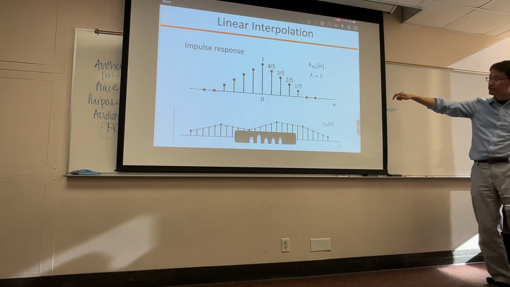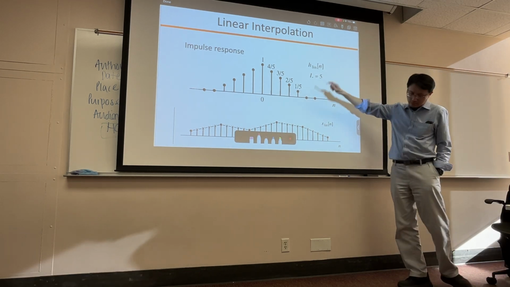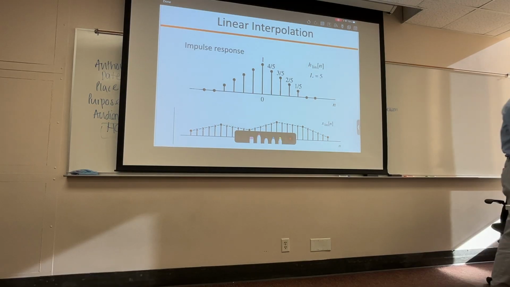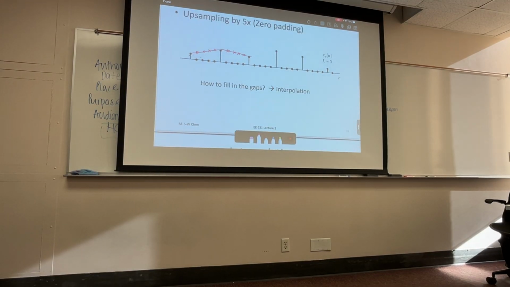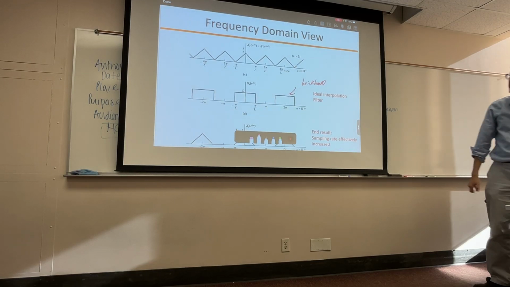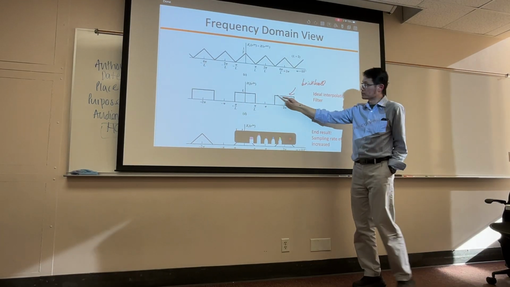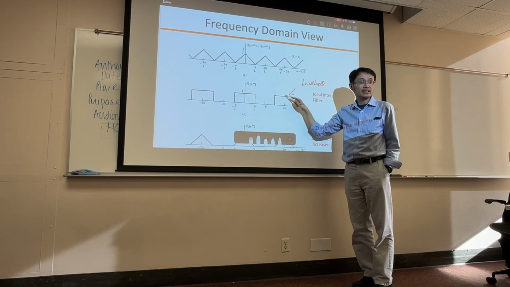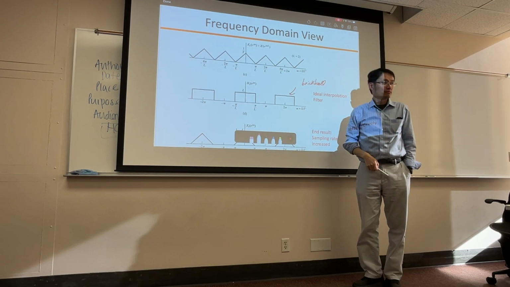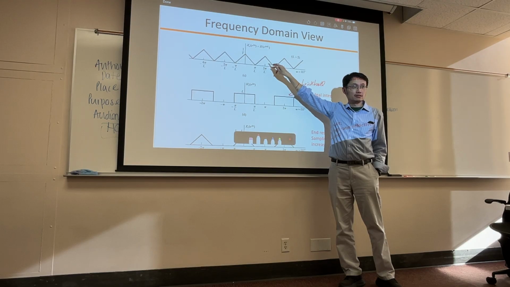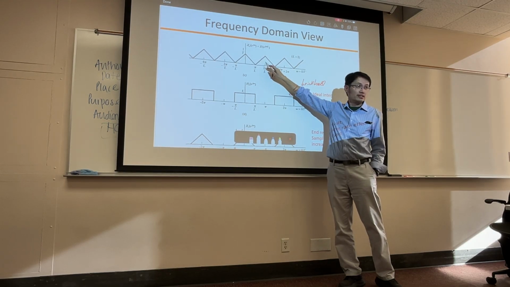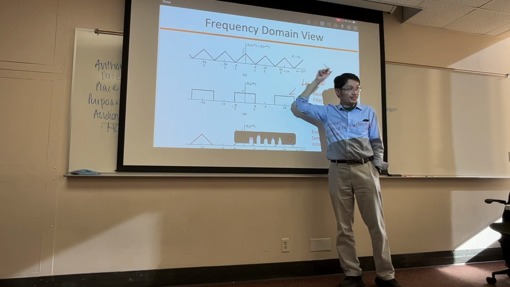Like I said, if you take this impulse response and do the DTFT, you get this sinc function. Look at this picture: instead of a brick-wall filter, you get some sinc filters. So here's a question: can I get rid of this completely? You cannot, right? But it's still attenuated.